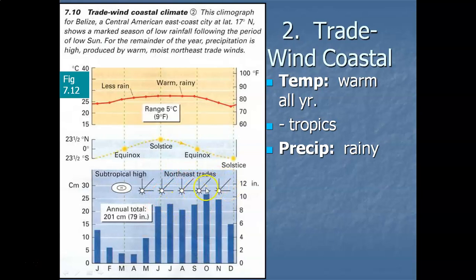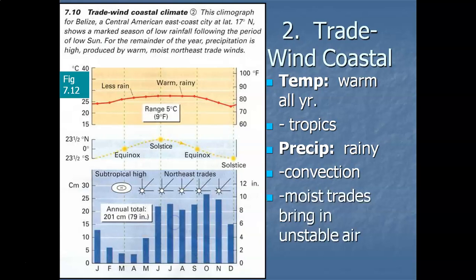Right, here we're in the northern hemisphere, so it's going to be dominated by the northeast trades. All right, so we're in Central America, and so of course we're in the tropics. Right, the form of precipitation, the mechanism is thunderstorm, so it's going to be convectional precip. Right, and what's going on is kind of like what we know in summer here with the Gulf of Mexico, pumping in moisture, and then giving rise to afternoon thunderstorms.